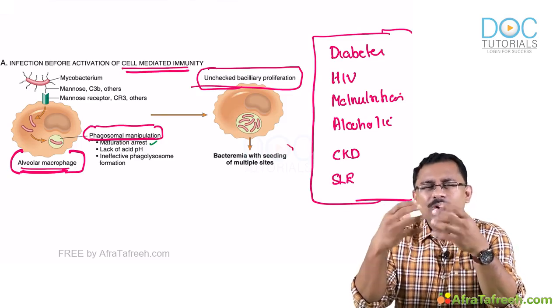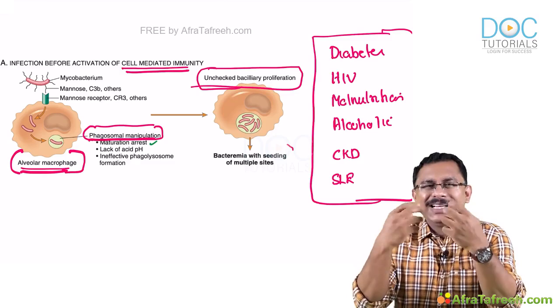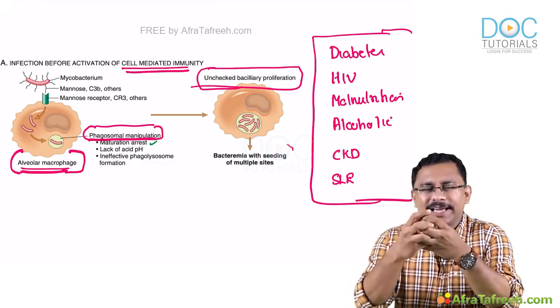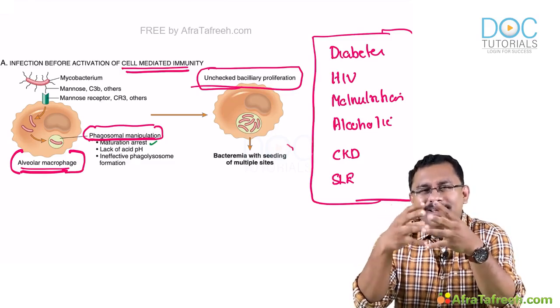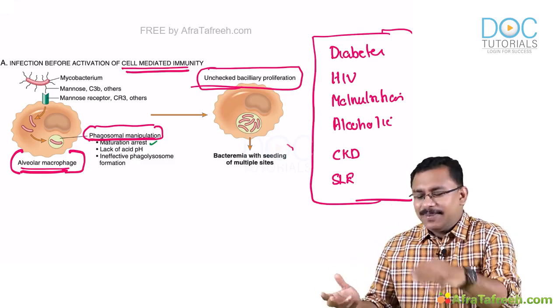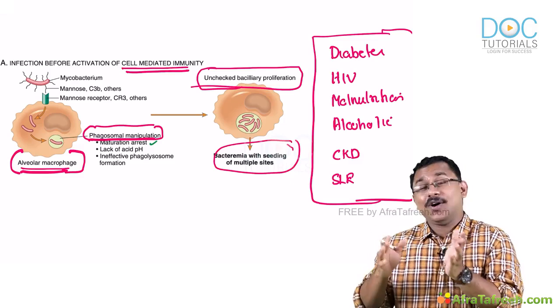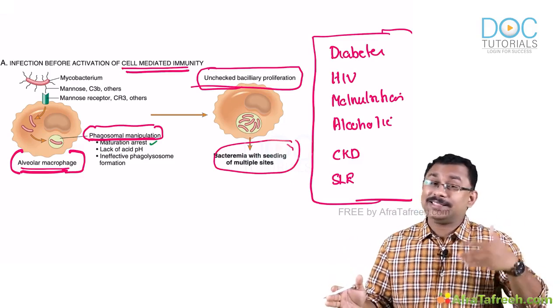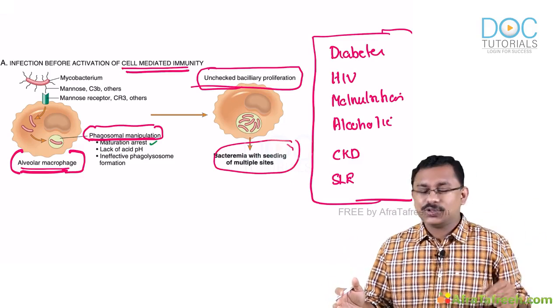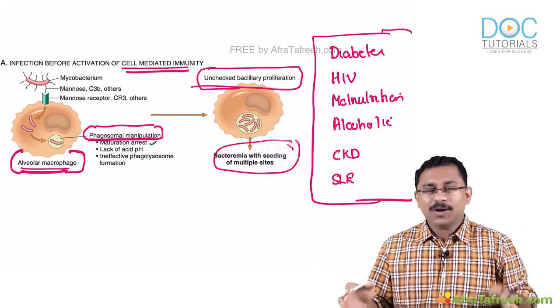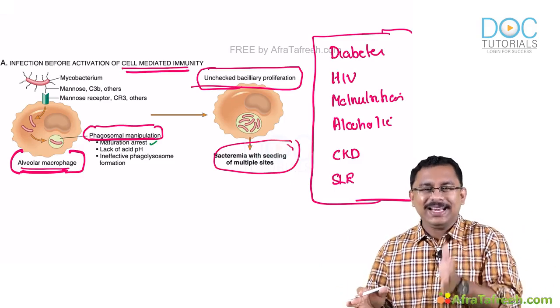Subsequently you will have lots of bacilli inside the macrophage, and they will be released into the bloodstream as well. There can be seeding of other organs, and you can have a disseminated picture as well, if it seeds to other organs. But all in all, again, let me reiterate one point.